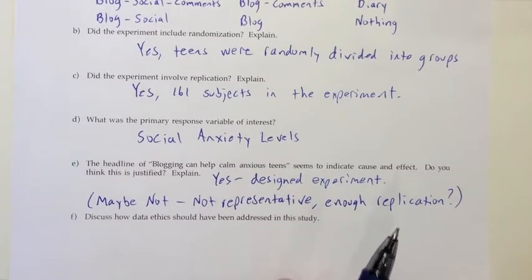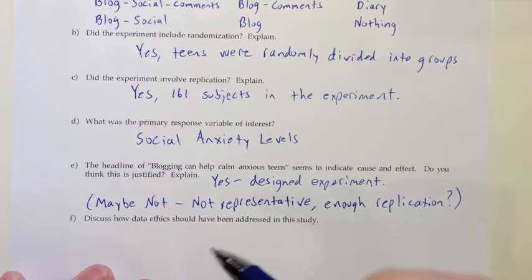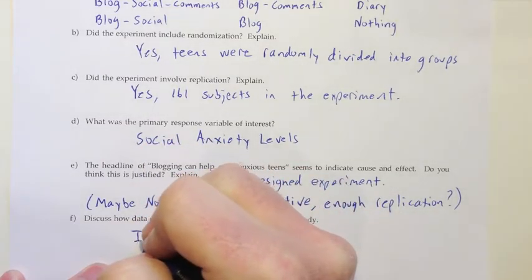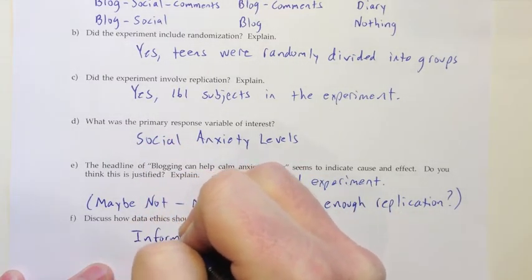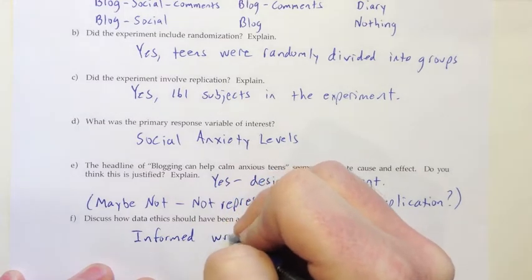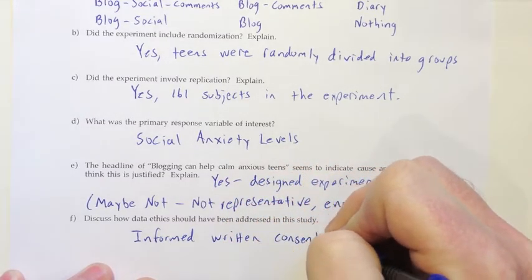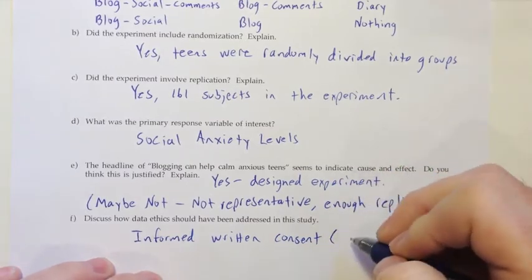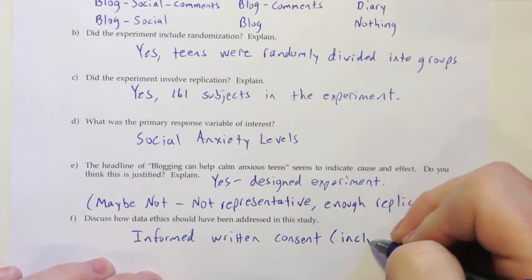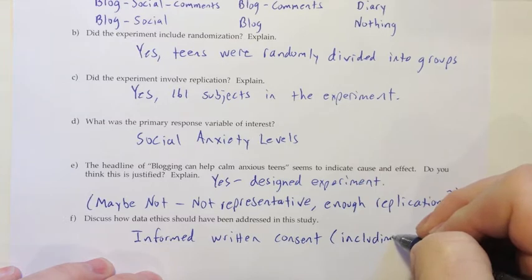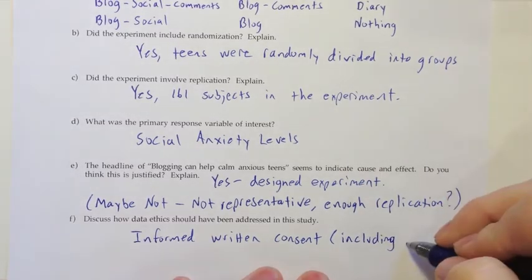And then finally, discuss how data ethics should have been addressed in this study. Whenever you're doing a designed experiment and people are volunteering, you want to get informed written consent. And probably that should be including the parents, right? Not just going and having high school students participate and their parents didn't even know.